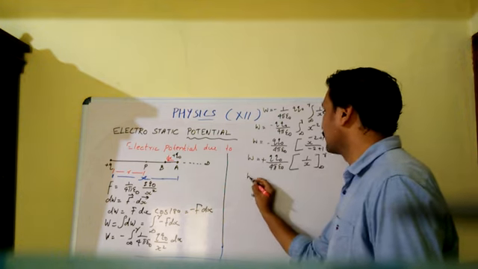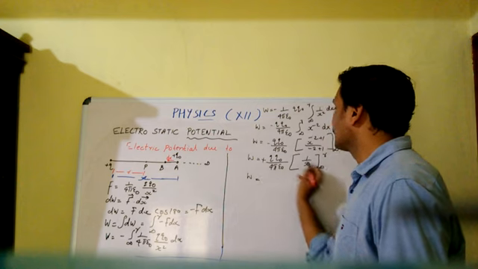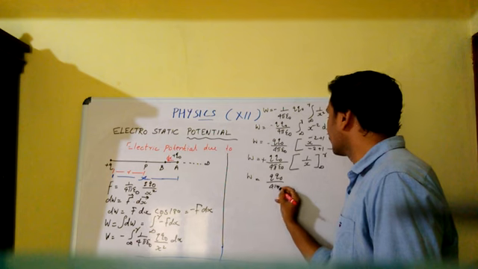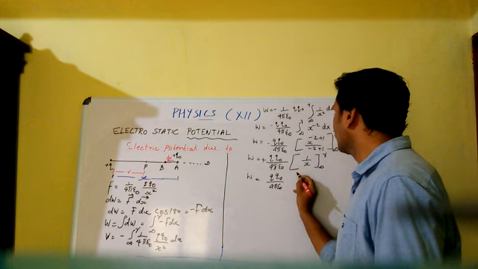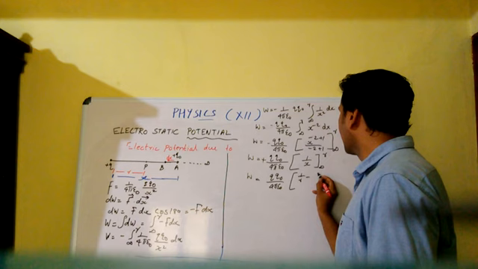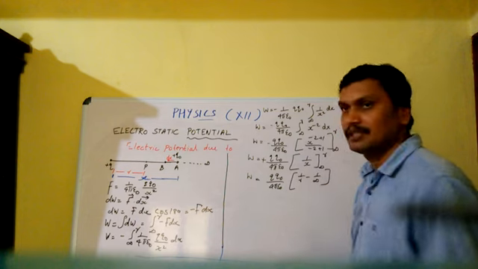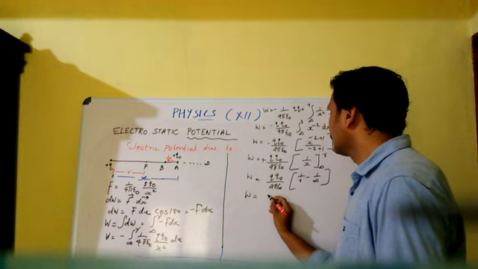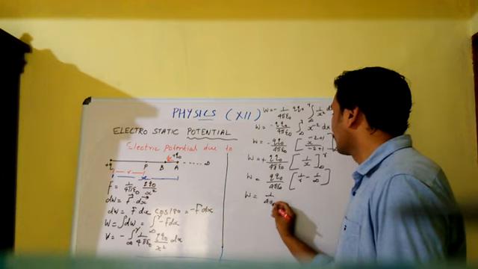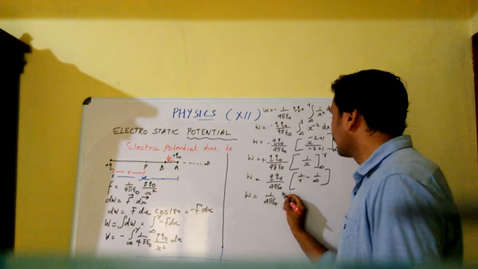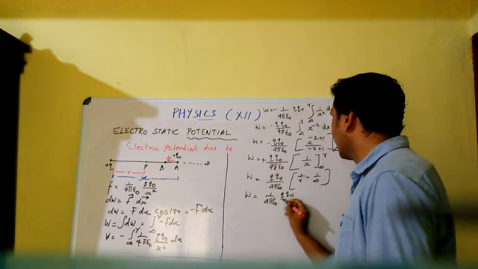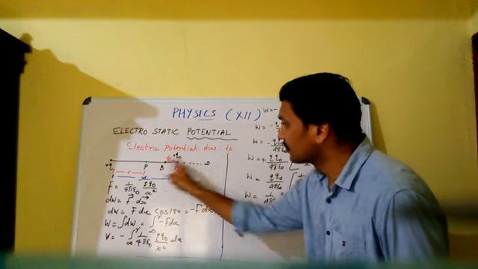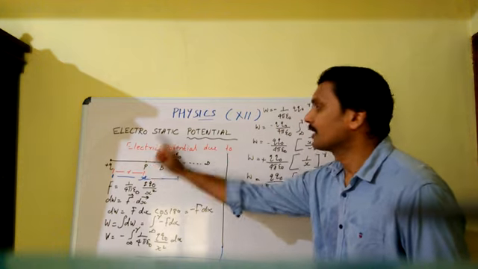So the work done is equal to Q Q0 by 4 pi epsilon 0 into upper limit 1 by r minus lower limit 1 by infinity. 1 by infinity is 0. So rearranging, the work is equal to 1 by 4 pi epsilon 0 Q Q0 by r. This much work is required to bring Q0 from infinity to the point P.